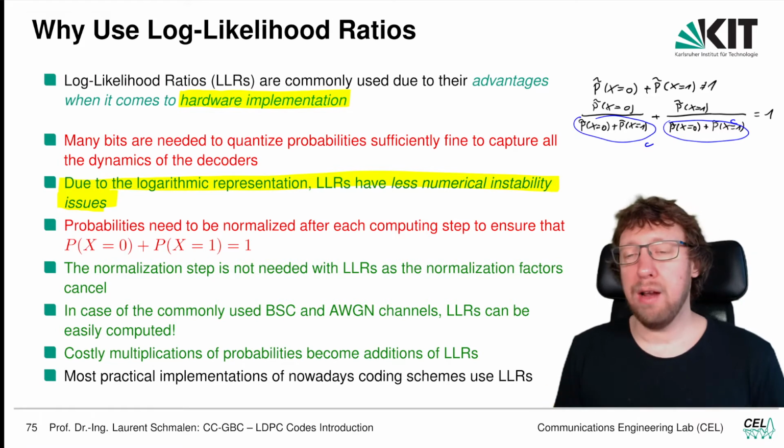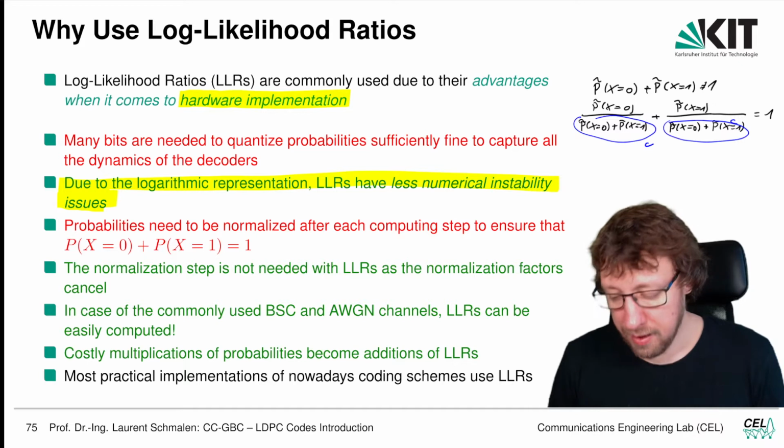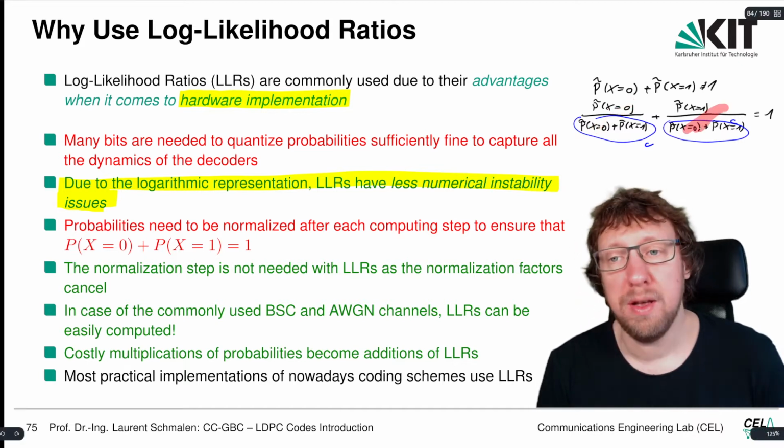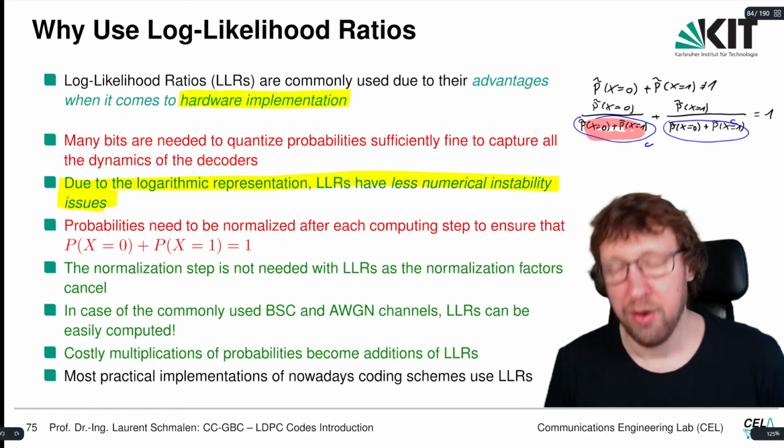And now when we calculate the log likelihood ratio, essentially what we do is we divide this term by this term, and this normalization factor will cancel.